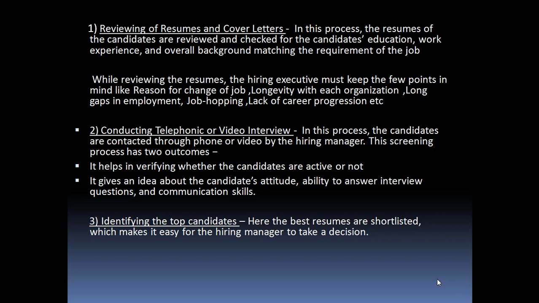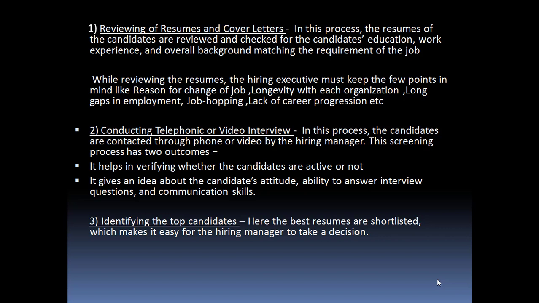So while reviewing the resumes, the hiring executive must keep a few points in mind, like the reason for change of job, how long the person was working in each organization, that is in the last organization where the candidate was working, for how long, why there are long gaps in the employment of the candidate, and if there is job hopping, the reason for job hopping. Job hopping means frequent job changes, and if there is lack of career progression, then why is it there? So these things should be noticed and focused on by the hiring executive.